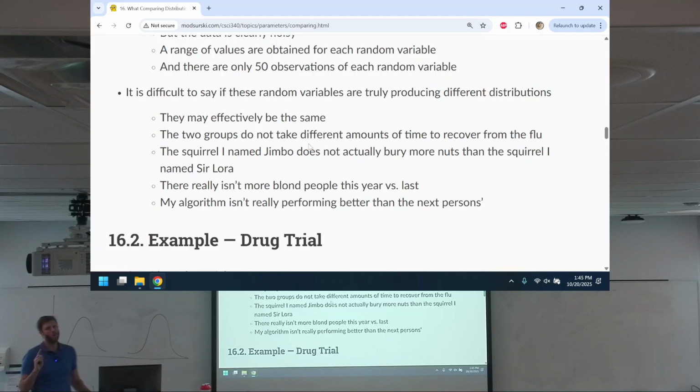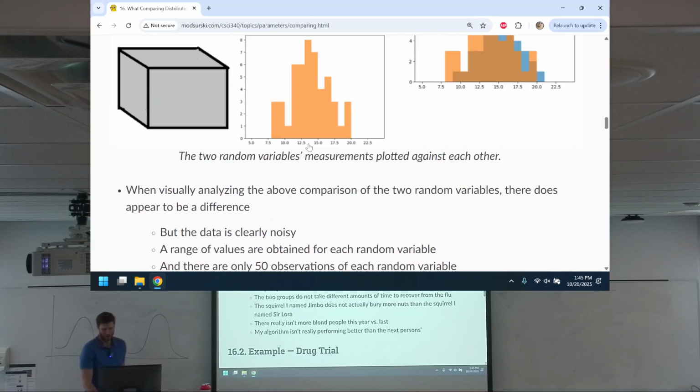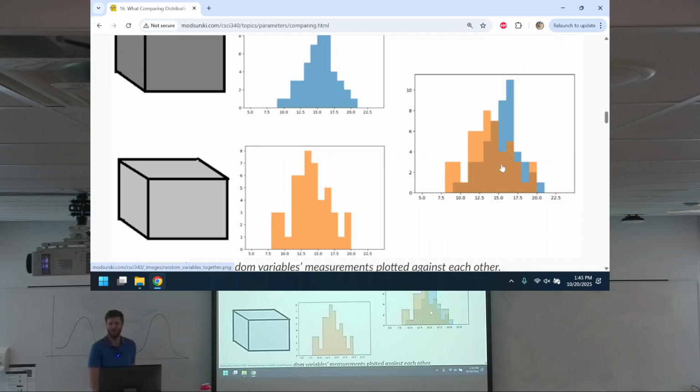What we really want to know is, are these distributions different? I'm not even going to ask whether one is better than the other. The key question is, are they different, okay?